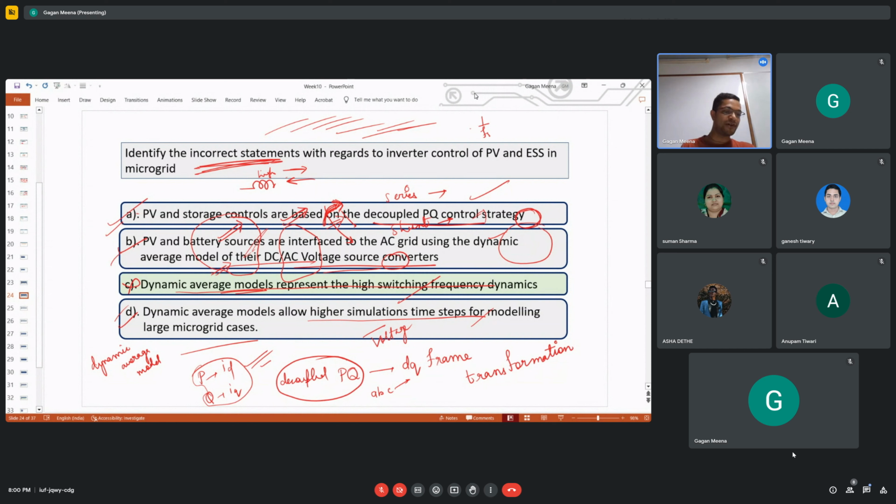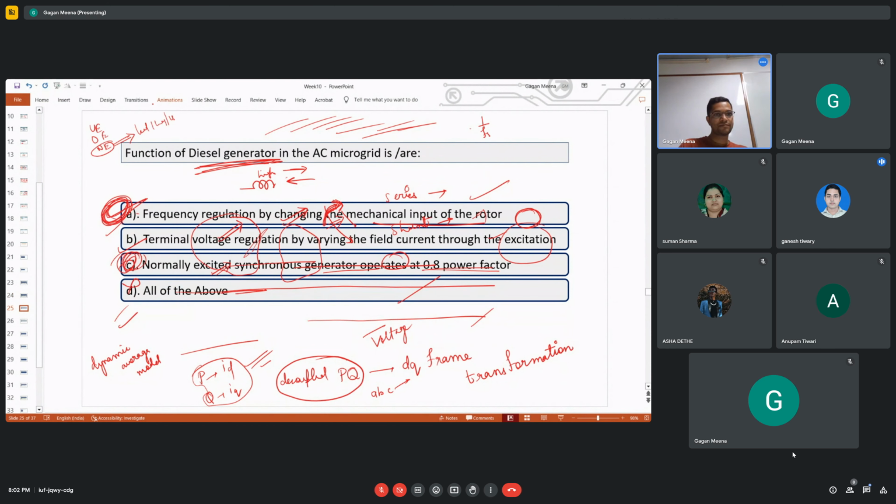So normally excited, what will happen? Leading, lagging, or UPF? Normally excited means UPF. So this is not correct. C option is not correct.